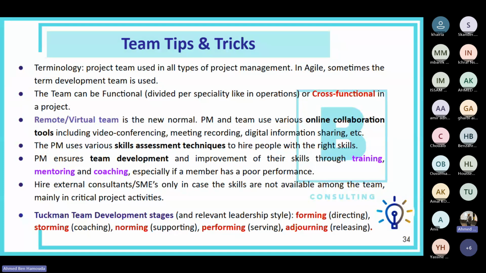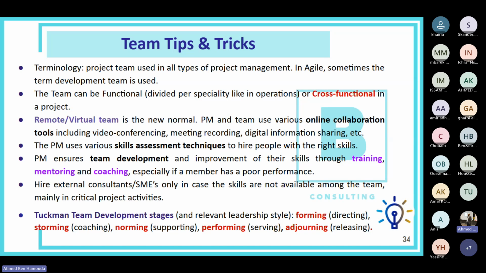Okay. So in the PMP exam, when you see the term project team, it can be used either in Waterfall, predictive project management, or also in Agile, adaptive project management. Maybe earlier, project team used to refer to the Waterfall team, and development team used to refer to the Agile team, but now the term project team is used in all types of project management questions.